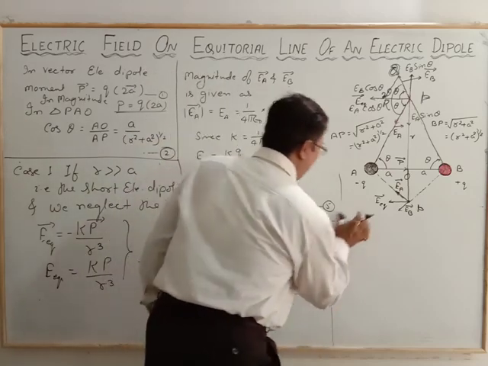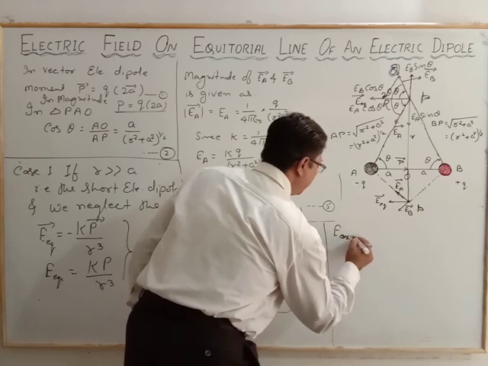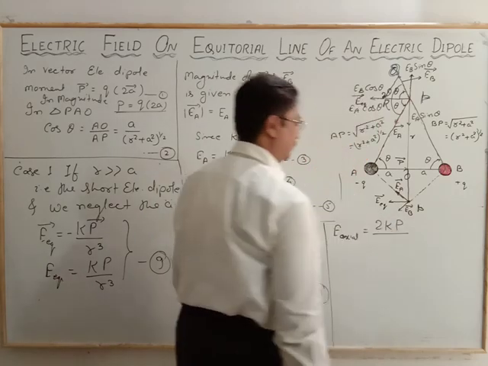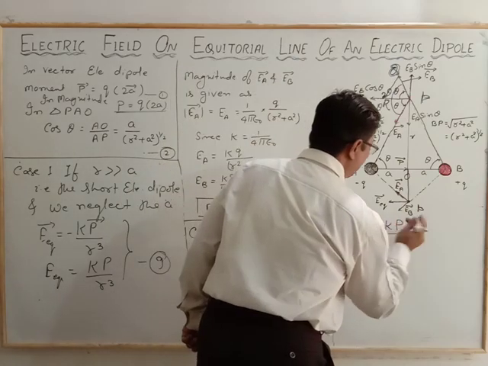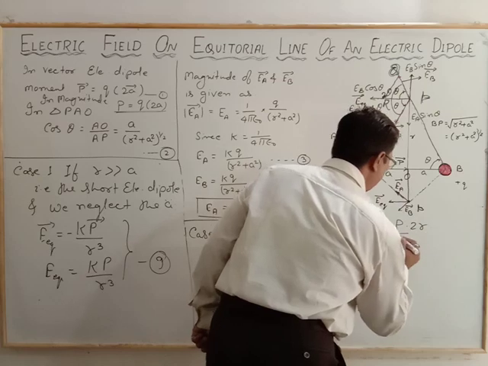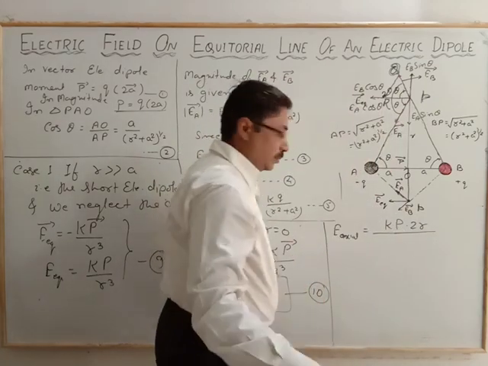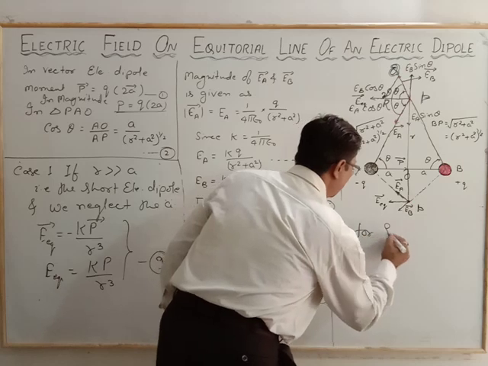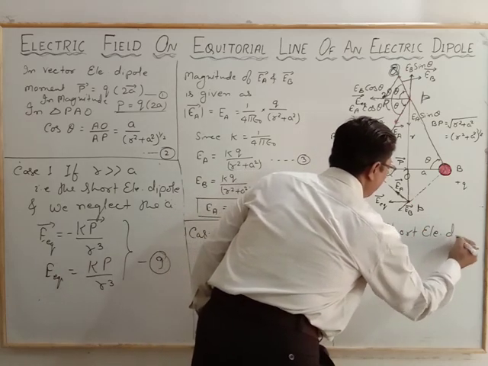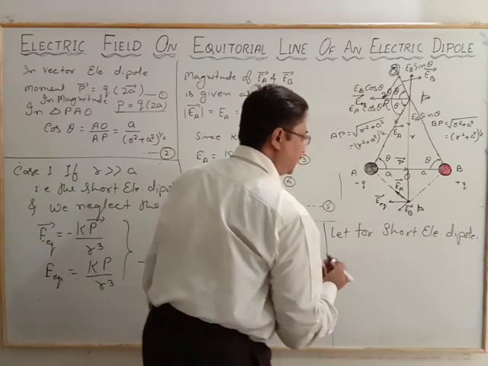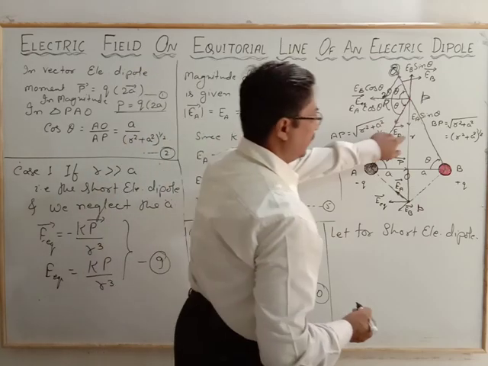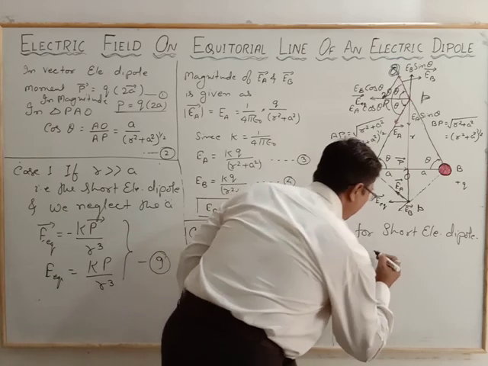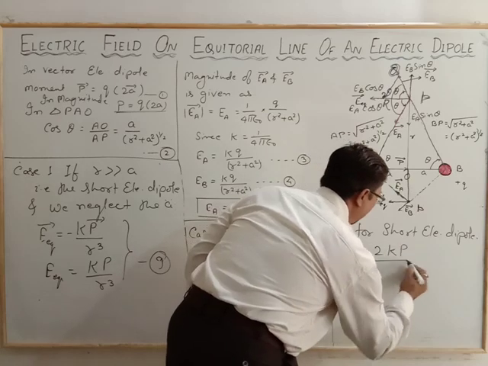The electric field at an axial point is 2kp into 2r by, and for a short electric dipole, where the distance is far away, E axial is equal to 2kp by r cube.